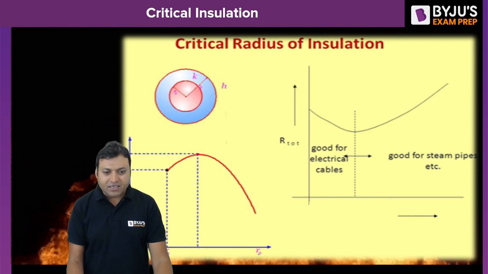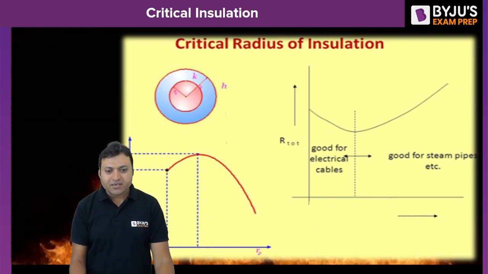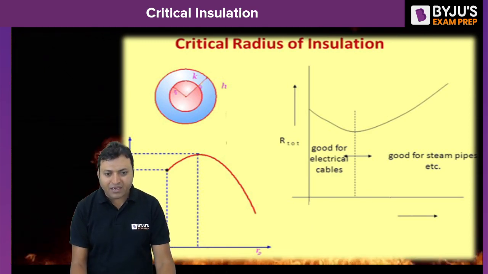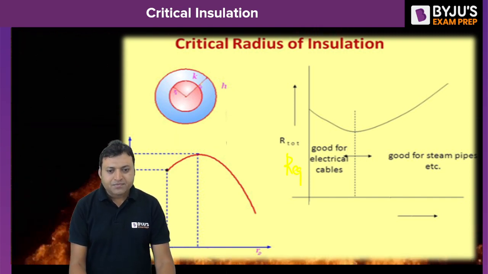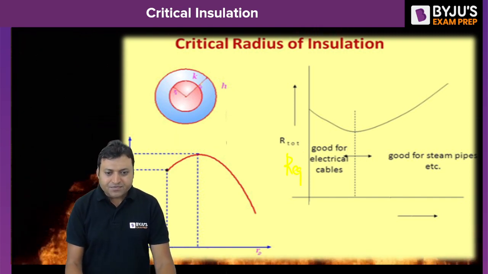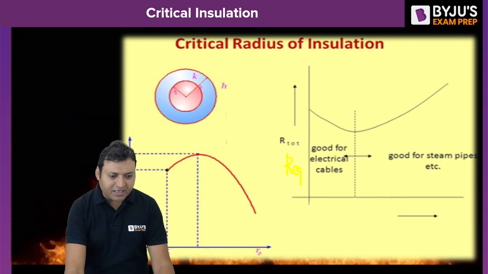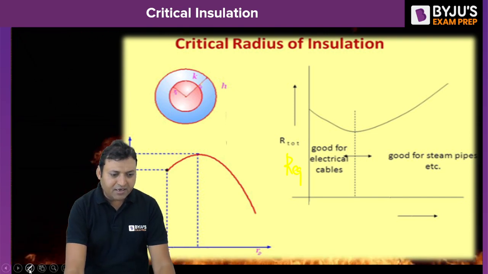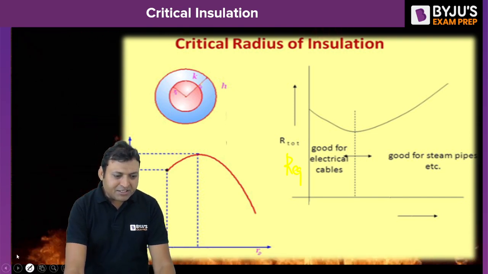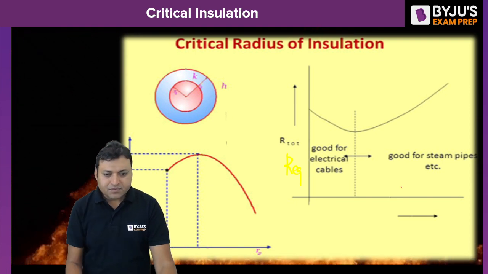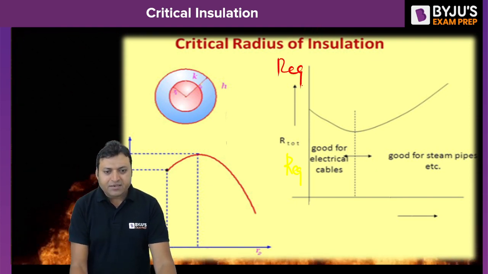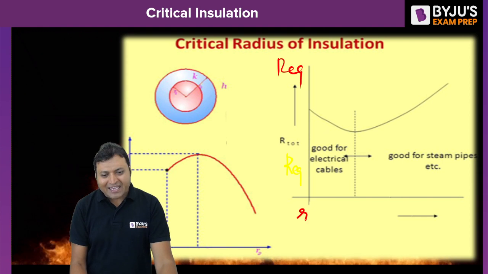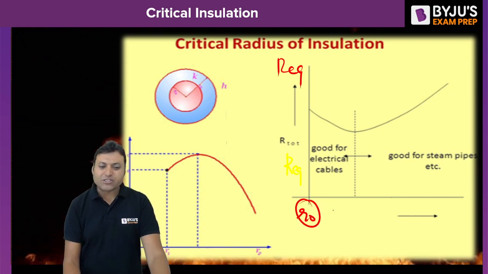If I show you through a graph, this is R equivalent. Let me change the color here. This is R equivalent, and this is R equal to R naught, without insulation.